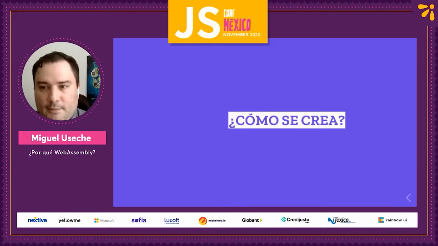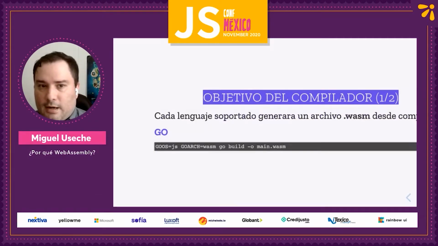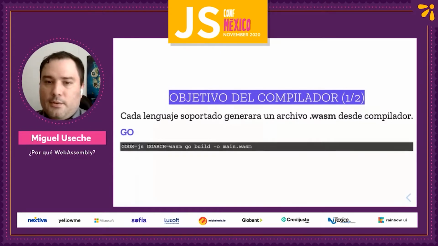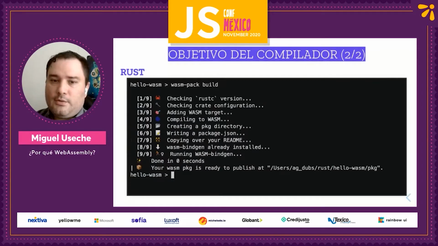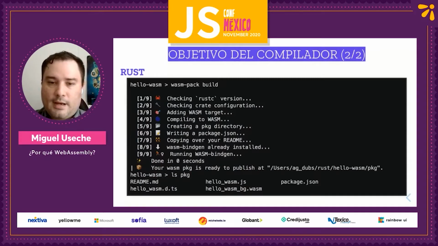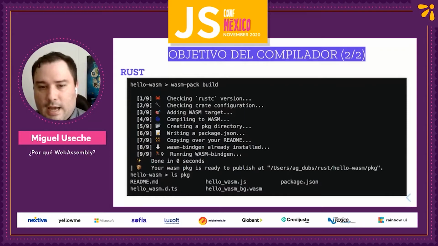So how can we create this? There are some languages that are supported with a compiler, and it will create the archives or the files. In Rust it is like this example. We have the WASM, and we can transform the Rust code to the other one.